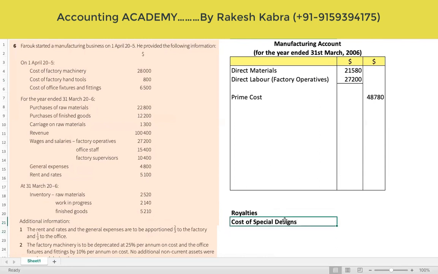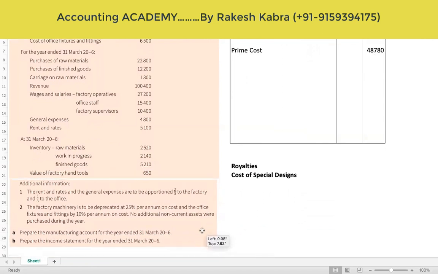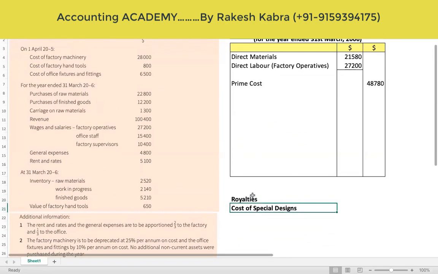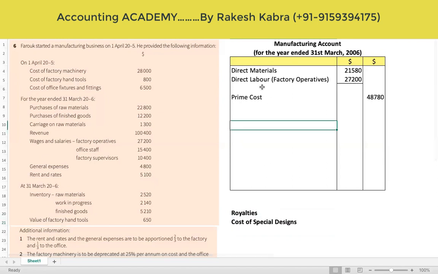Do you know what the cost of special design is? For example, someone wants to personalize their t-shirt, they want something specific. That design we can't use to manufacture any other product, so you have to work specifically on that. That design is only for that specific item, right? So that will be part of direct expenses.